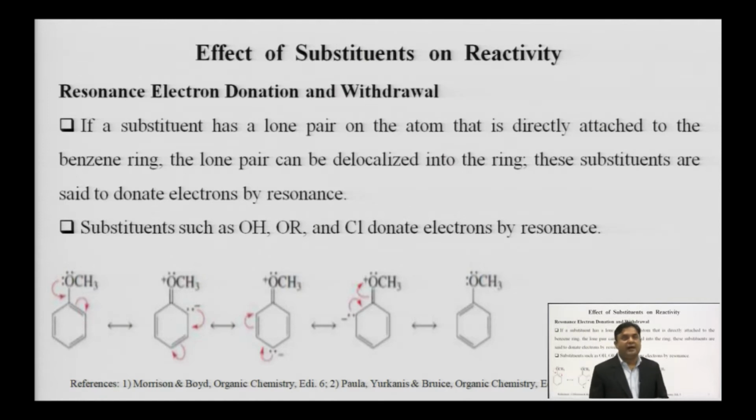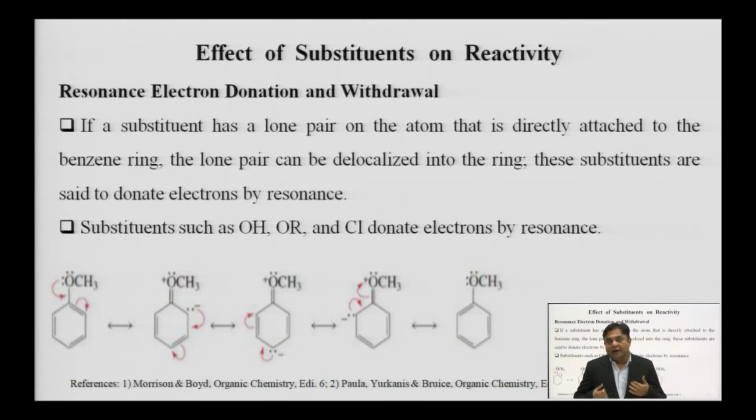First of all, you have to know which groups have a plus R effect, or which groups have a minus R effect. A very simple way to know: if a substituent has a lone pair on the atom that is directly attached to the benzene ring, the lone pair can be delocalized into the ring, and these substituents are known as plus R groups, the groups which have a positive resonance effect.